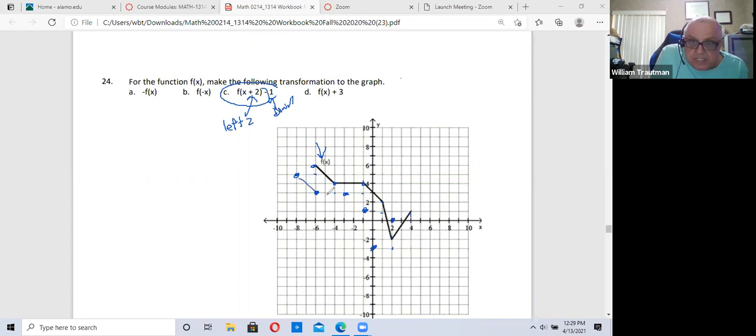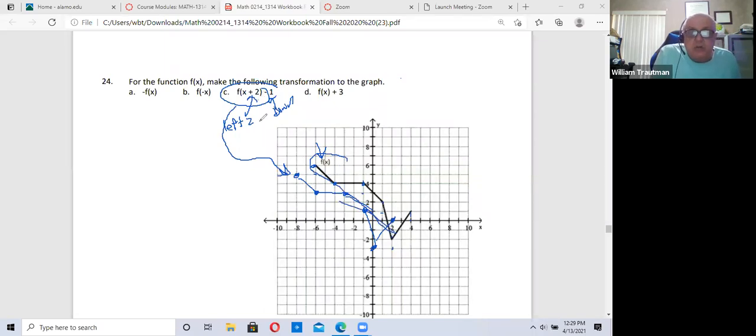So if I connect these dots, the graph looks exactly the same, except every point went down 1 and over to the left 2. It's multiple choice, so you would be looking for this graph. This is the original, and they're going to show you the original.